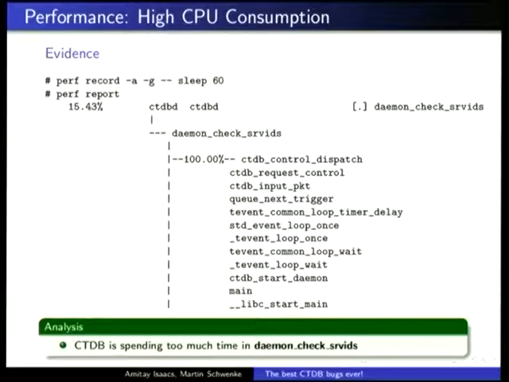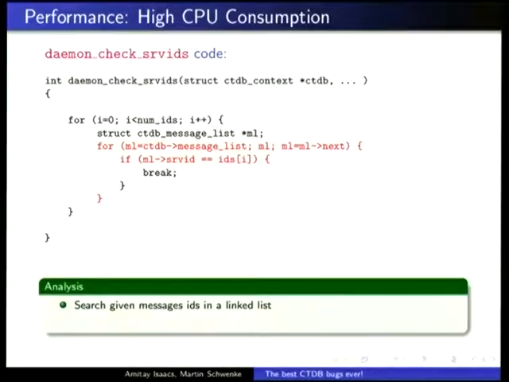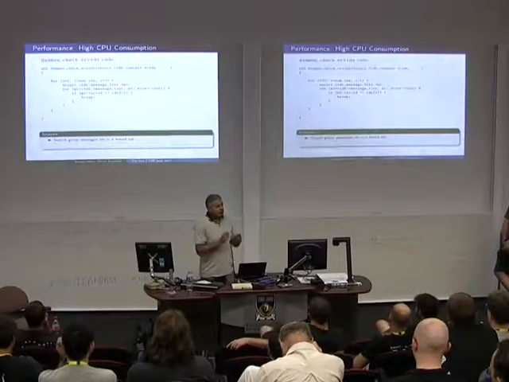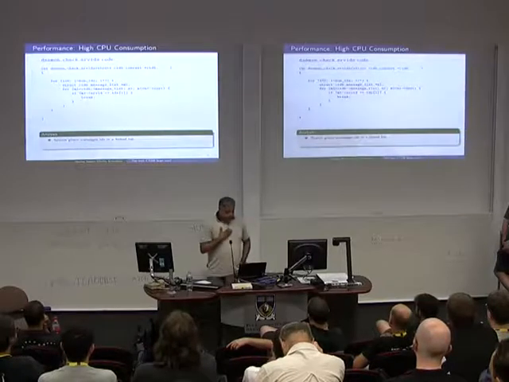So what does this function do? It's a very simple function. Given message IDs, it's trying to find them in a linked list, and if found, it just checks whether the ID exists or not. So why should this take a lot of time?